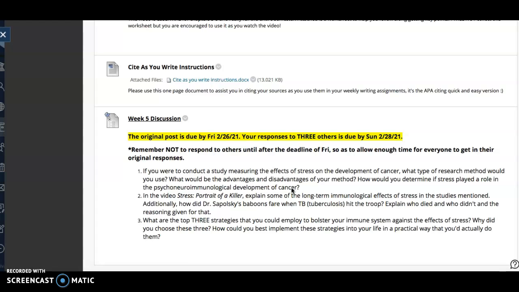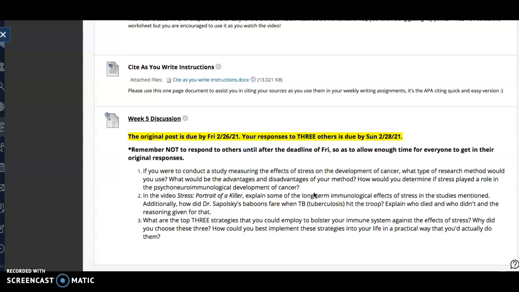What would be the advantages and disadvantages of your method? How would you determine if stress played a role in the psychoneuroimmunological development of cancer? So you're really designing a study to try to show the effects of stress on cancer.